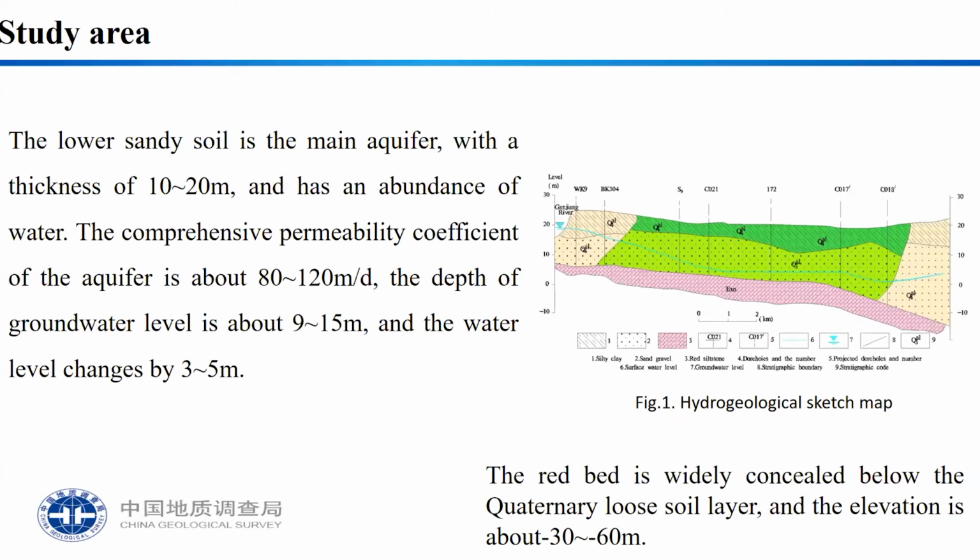The lower part of the soil is the main aquifer, with a thickness of 10 to 20 meters and abundant water. The comprehensive permeability coefficient of the aquifer is about 80 to 120 meters per day. The depth of groundwater level is about 9 to 50 meters, and the water level changes by 3 to 5 meters.